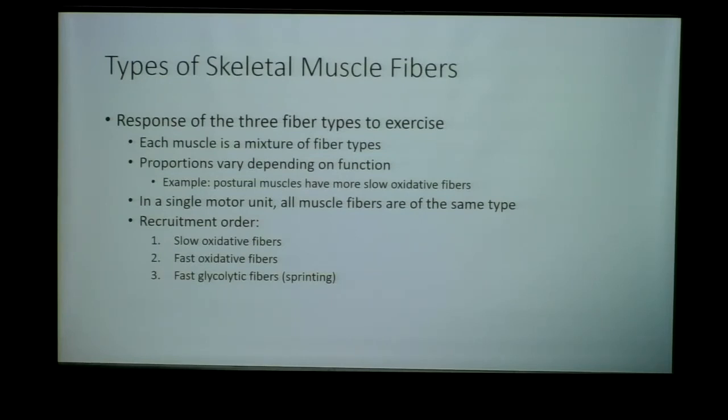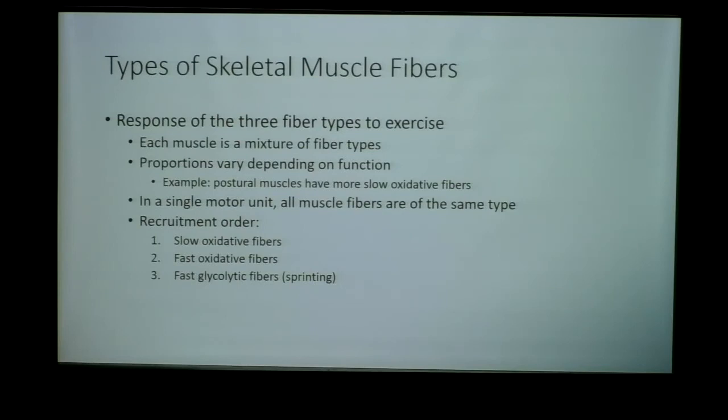So I can condition my muscles to be more aerobic, right? I can do lots of aerobic exercises. I can train my fibers to transition to more of that slow oxidative fiber, but I cannot change whether the muscle is fast or slow. So the proportion depends on the type of activities that we're doing. If you have lots of postural muscles, they're going to be more oxidative fibers, right?